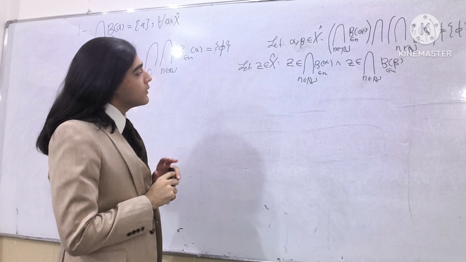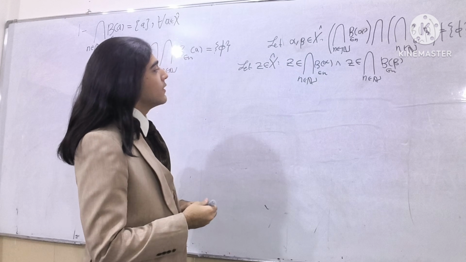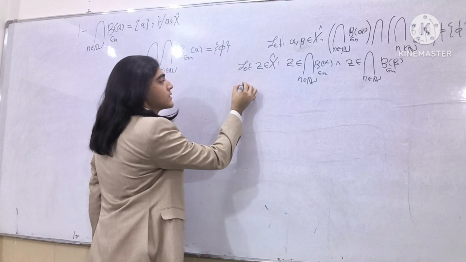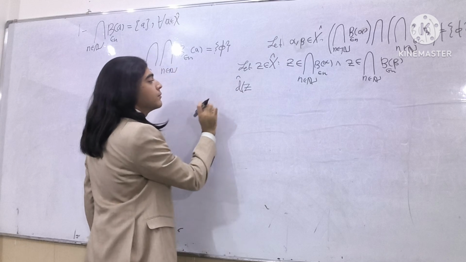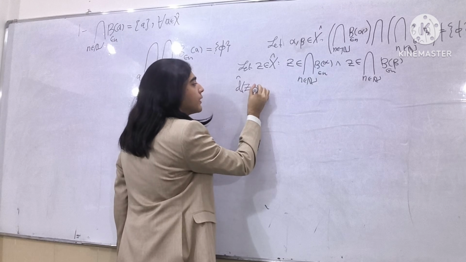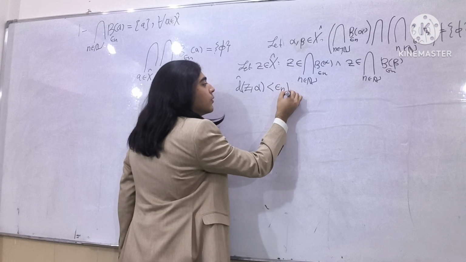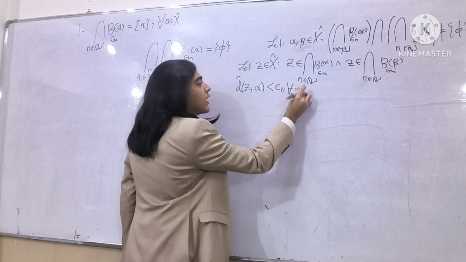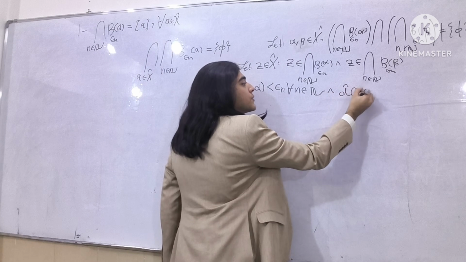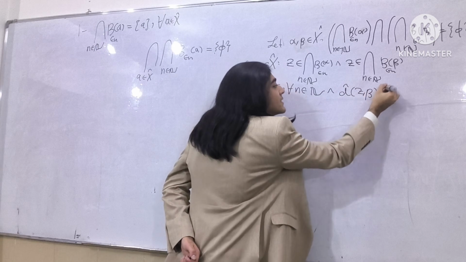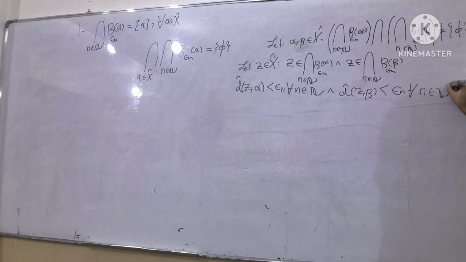Now Z belongs to the first intersection. That means the metric of Z and alpha is less than epsilon n for all natural numbers n. And at the same time, the metric of Z and beta is less than epsilon n also for all n natural numbers.